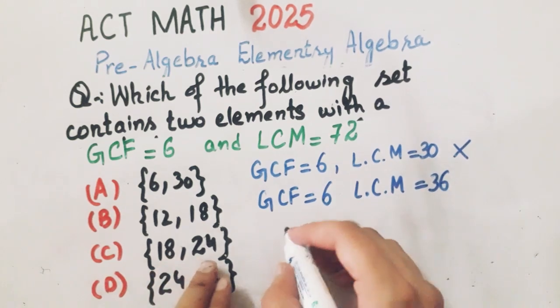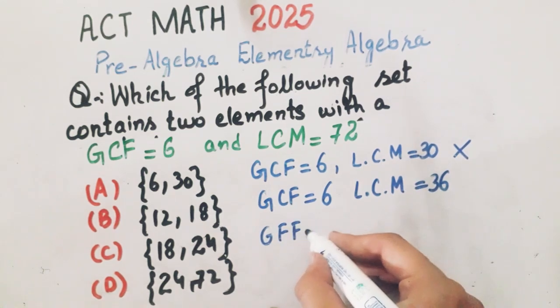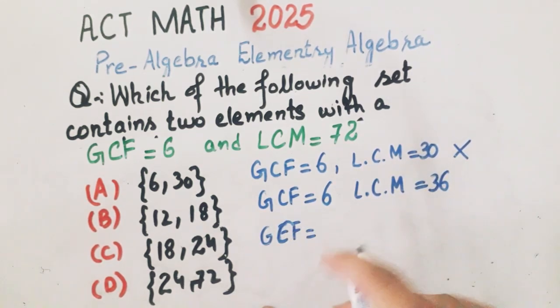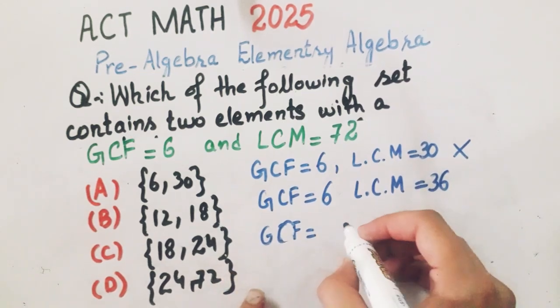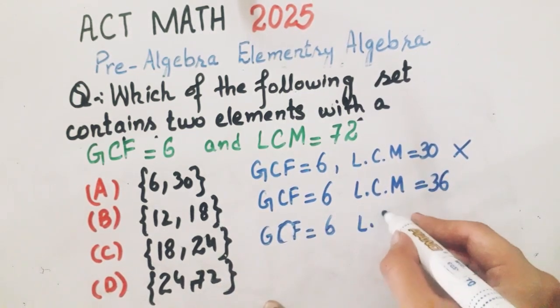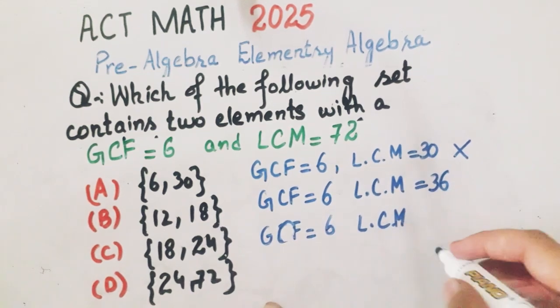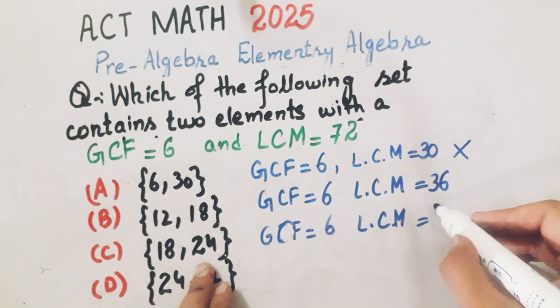For 18 and 24, we note that the greatest common factor for 18 and 24 is 6, and the least common multiple is 72.